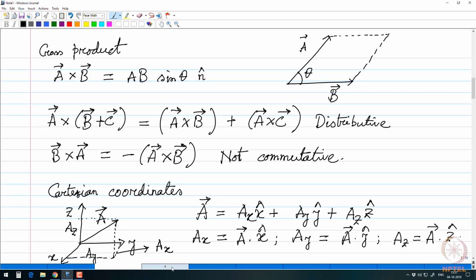Now, how do we add two vectors in this component form?